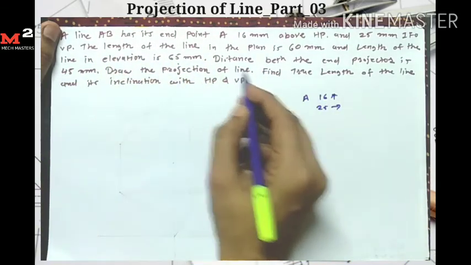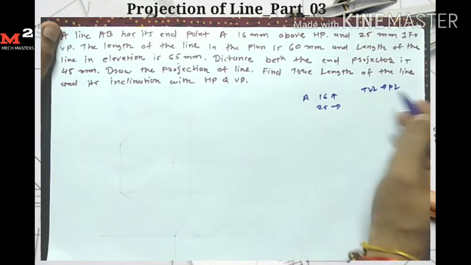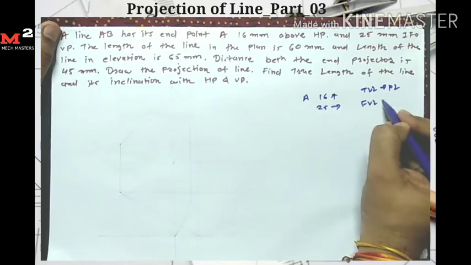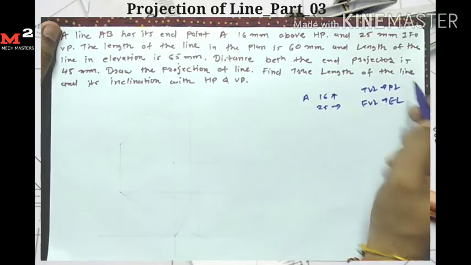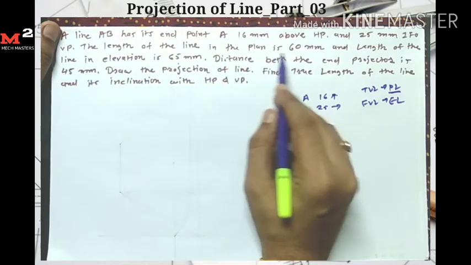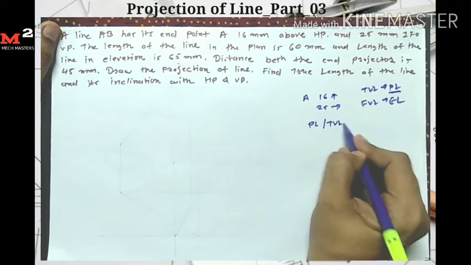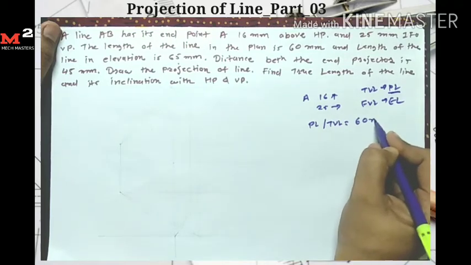Plane length means, as I said earlier, the top view length is also called the plane length, and the front view length is also called the elevation length. So plane length or top view length is equal to 60 mm.